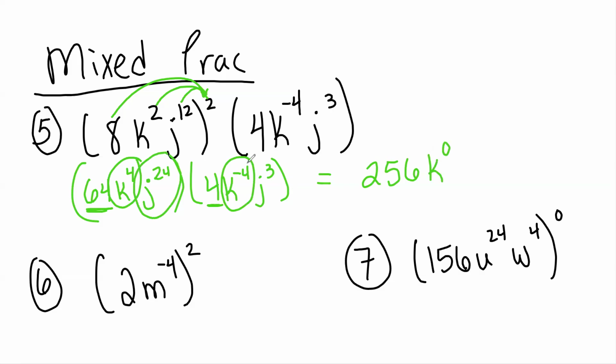And now j to the 24th plus j to the third would be j to the 27th. And k to the 0 is really 1, so take that out. Oops, sorry, my pen just went nuts. Bye-bye. Technically, it's times 1, but 256 times 1 is 256. So final answer, 256 j to the 27th. The k canceled itself out, basically.